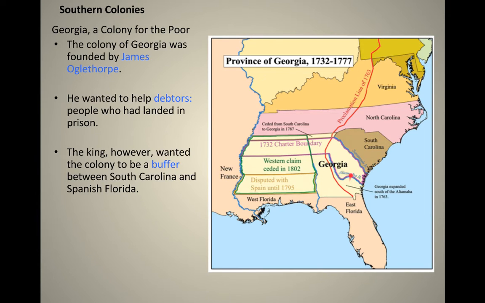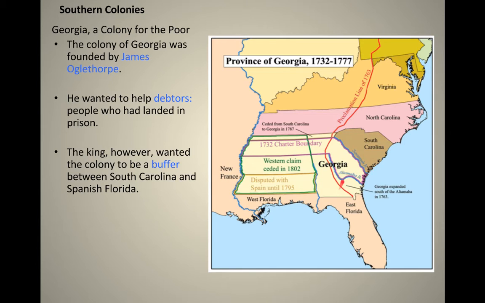So a buffer basically means he wanted a bunch of land between Spanish Florida and his own territory in South Carolina. He would rather have a bunch of poor people, basically, that he didn't care about as much, in between Spanish Florida and the plantations up in South Carolina.